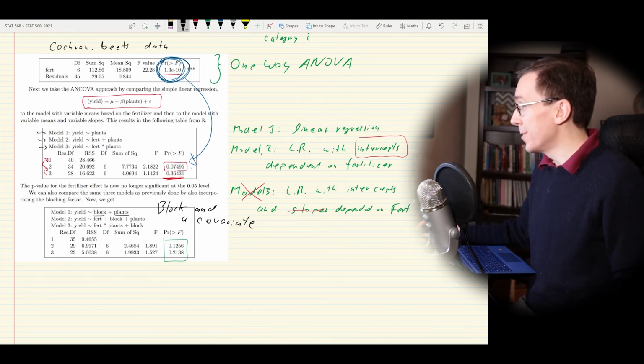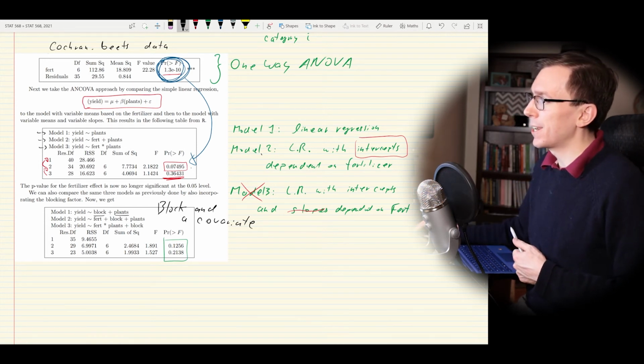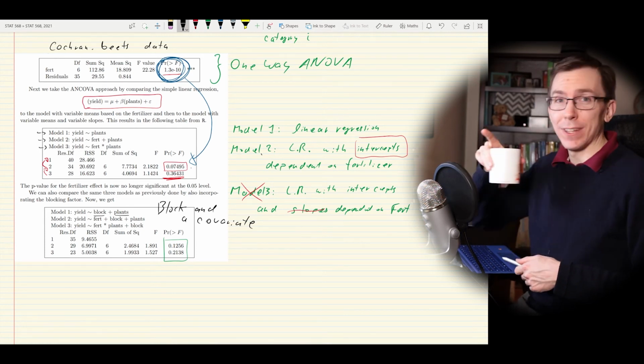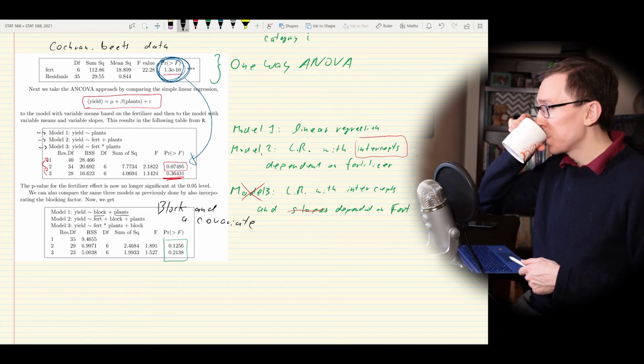But looking at these ANOVA tables, it's good that we do one more thing, which is talk about the idea of type 1 and type 2 ANOVA. So that's going to be what we talk about now.